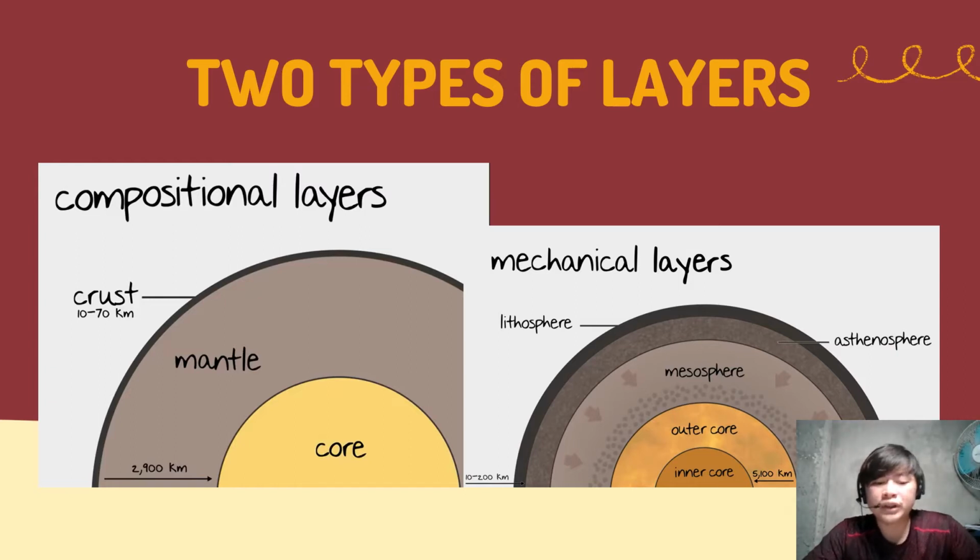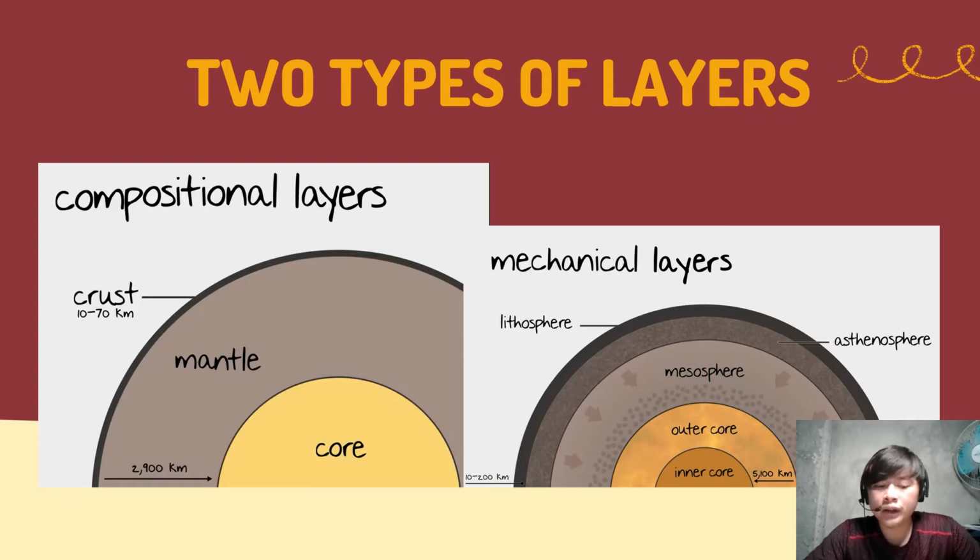In compositional layers, there are three primary layers: the crust, the mantle, and the core. It's important to understand that the compositional layers refer to the materials or elements that the Earth is made of.